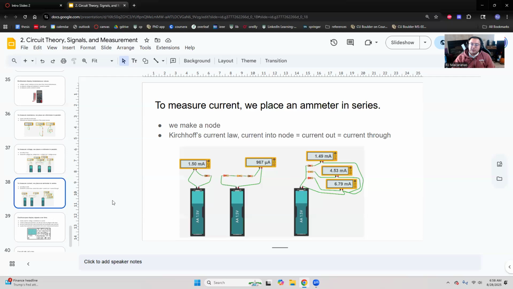And so one thing to note about measuring current, right, is that it doesn't really matter where in the circuit you put the ammeter, right? And so in this example on the left, we walk out of the battery, we go into the resistor, come out of the resistor, into the ammeter, come out the ammeter, back into the battery.